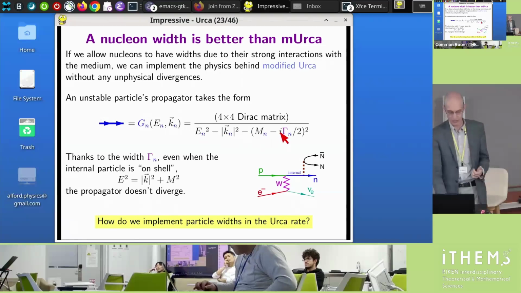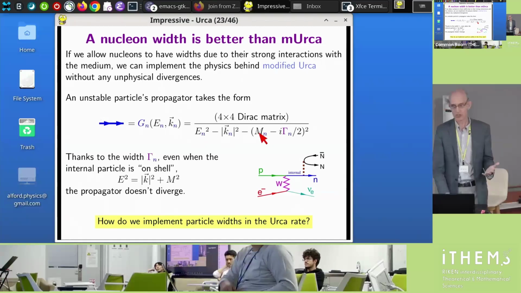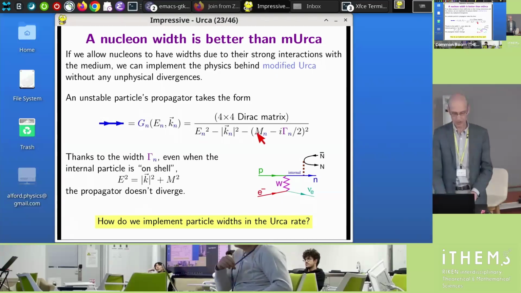If you didn't have this imaginary part here, then when E squared equals K squared plus M squared, this propagator would blow up. And that's the divergence that we saw when people put in the naive zero-width in-medium propagator. But if you include the width here, then this is not going to diverge, even when E squared equals K squared plus M squared. You've moved that pole off the real axis.